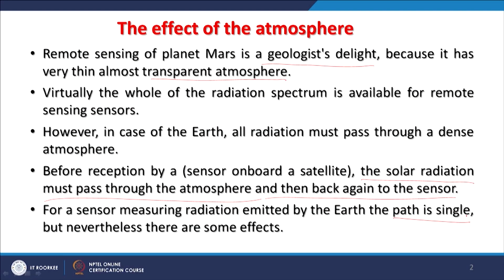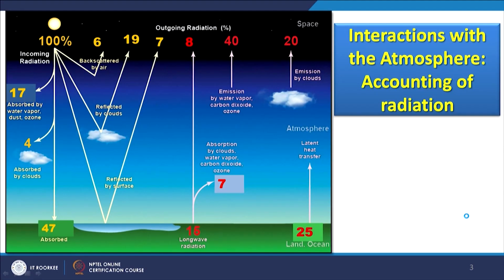For the emitted part, there is only a single path, because whatever energy the objects are emitting is sensed by the sensor, but nonetheless it also has to pass through the atmosphere.